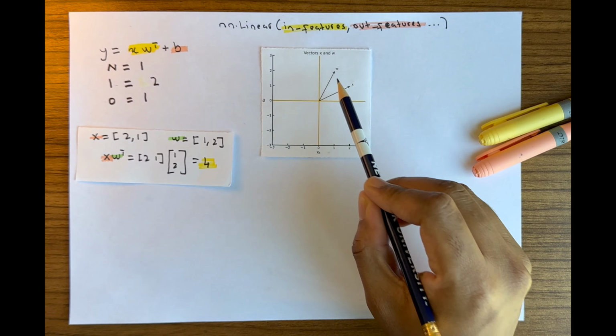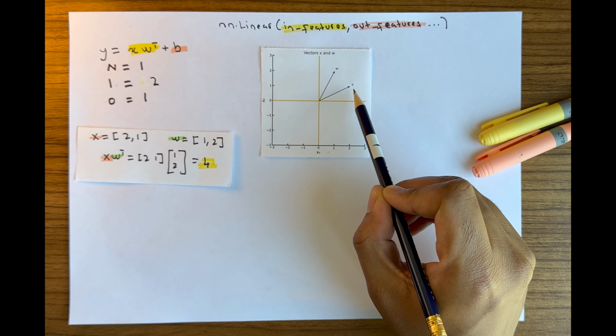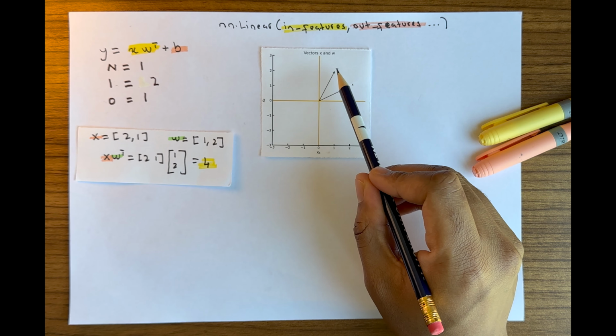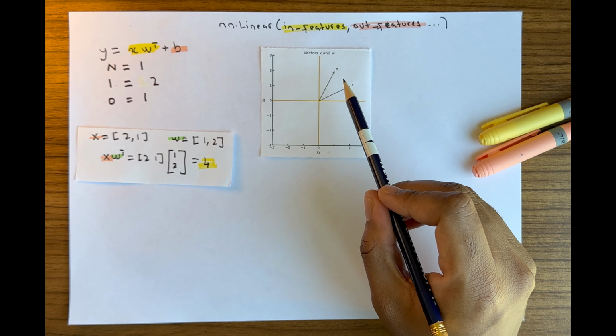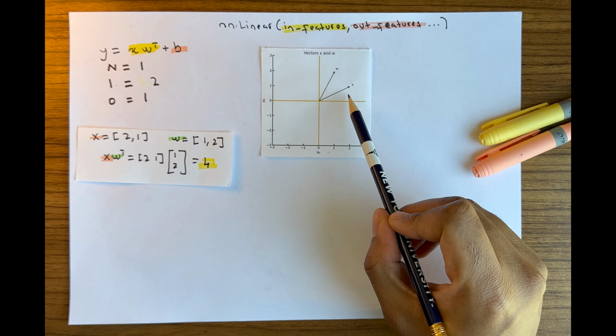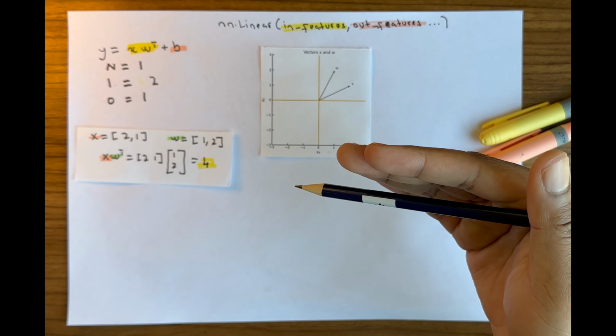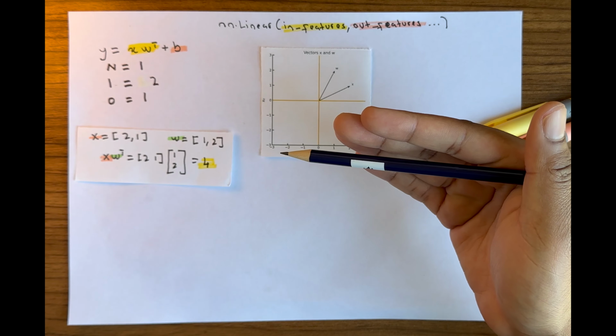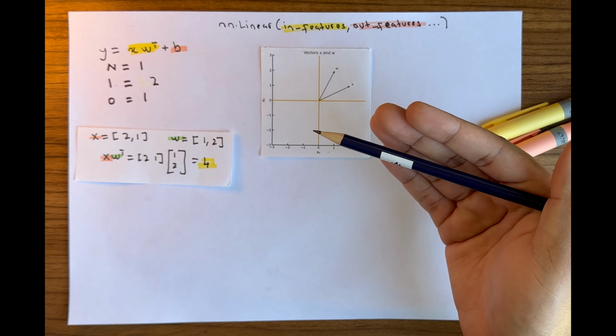So this is X and this is W vector. And this is the coordinate of X drawn from the origin, coordinate of W drawn from the origin. Now, this X is the input vector, and this W really is the neuron's learned direction, its feature detector.